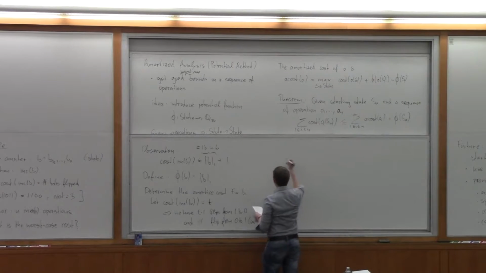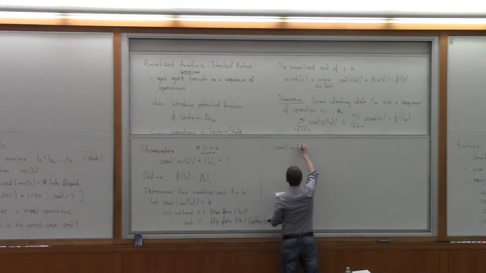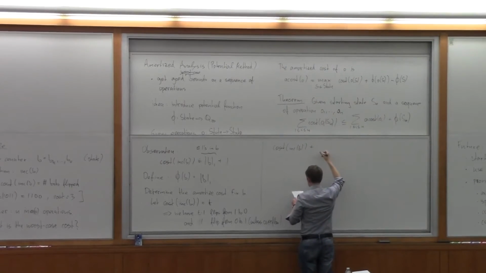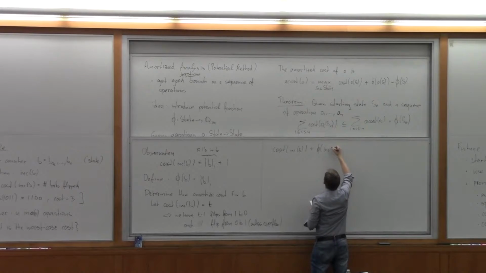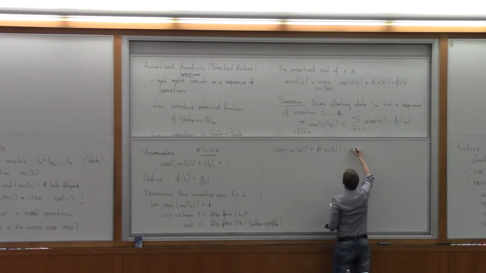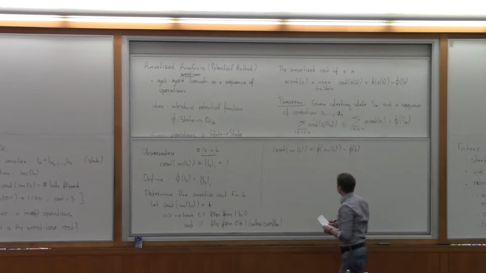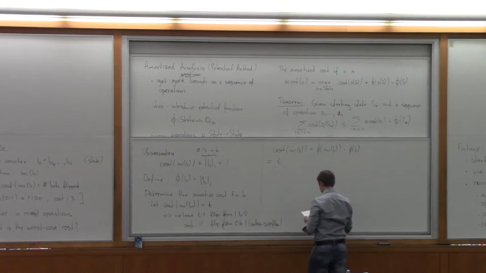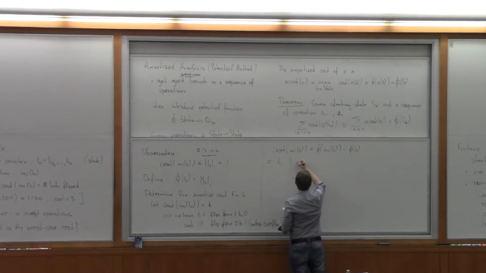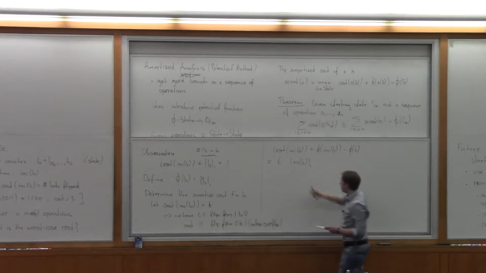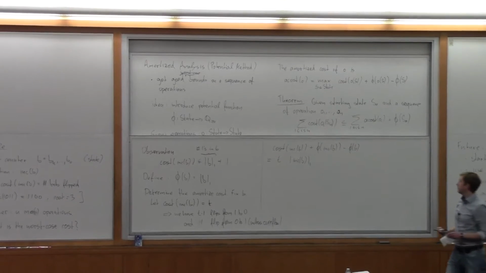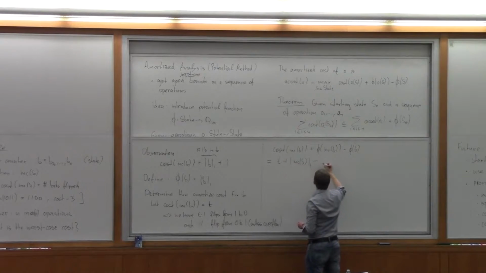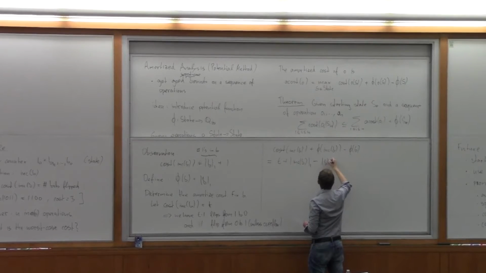There we have the cost of the increment of B plus the potential afterwards minus the potential at B. And this we just call T. Then here we just put in the definition of the potential, so we have the number of ones in the counter after the flip, and the potential of B is just the number of ones in B.